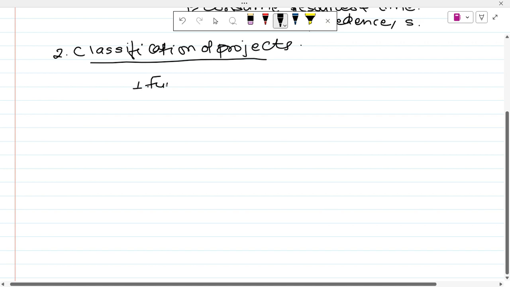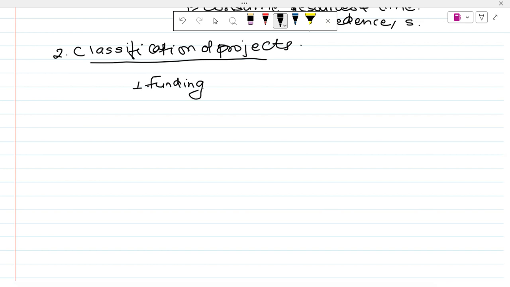According to funding, there are three kinds of project: private sector, like building a house, government sector, and loan or grant. These are given by some entity to complete the project.